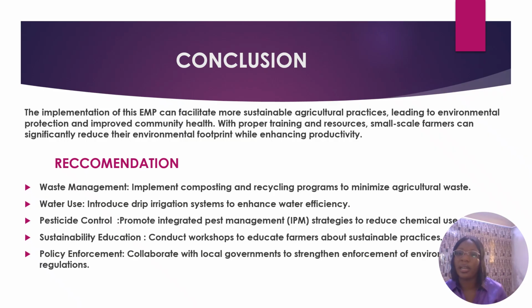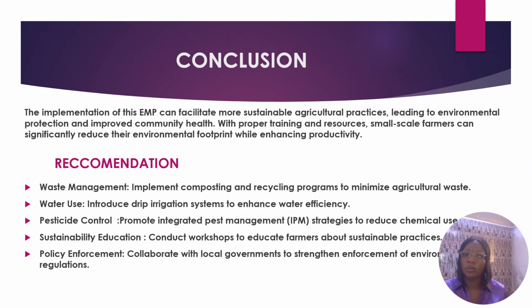For example, when they have their produce, they should have a way to save it. If they cannot sell immediately, they should have a place, maybe like a barn, where they can keep it to prevent it from being spoiled or damaged.